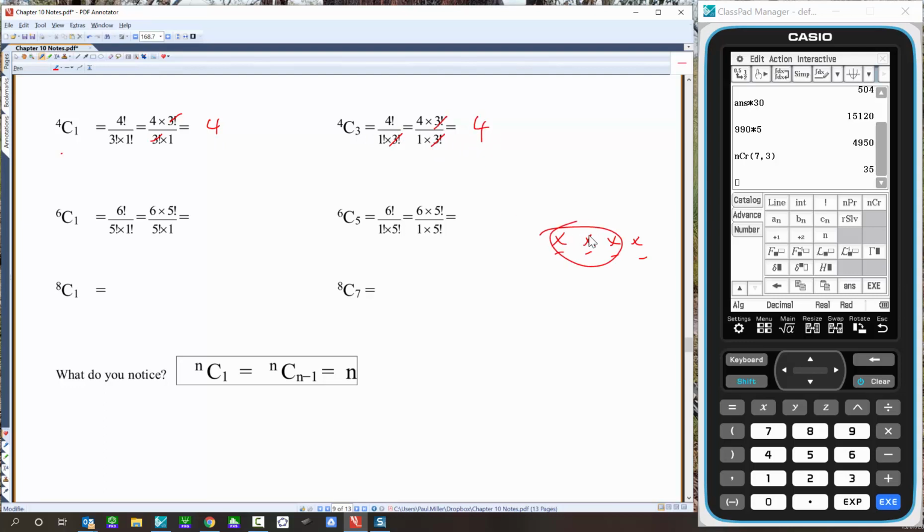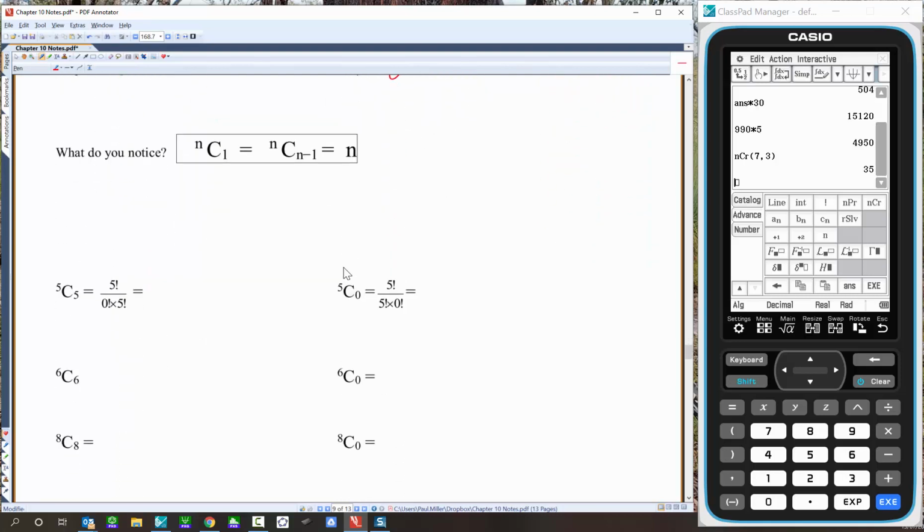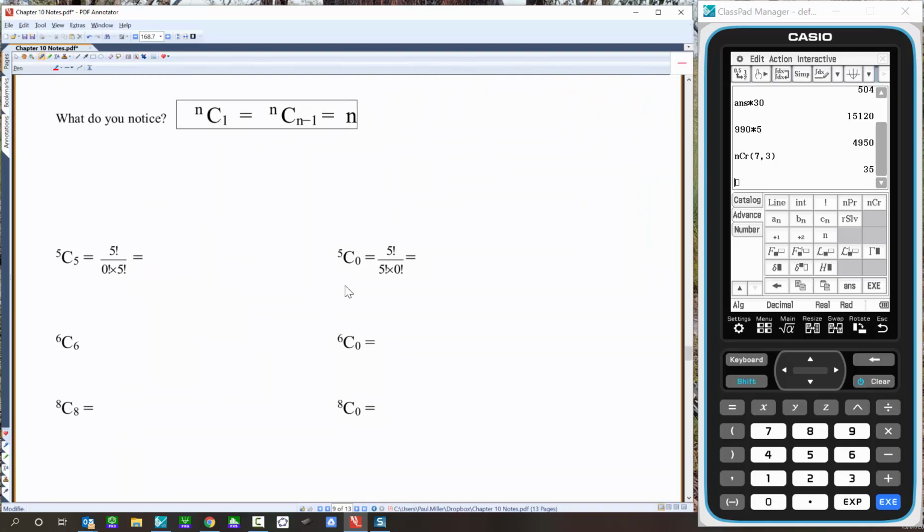I can grab those, I can grab those, I can grab that and those. There's 3, and the 4th is somewhere there. All right, 6 choose 1. Well, that's going to be 6. Can you guess what 6 choose 5 is? That's also going to be 6. 8 choose 1 is going to be 8. 8 choose 7 is also going to be 8.